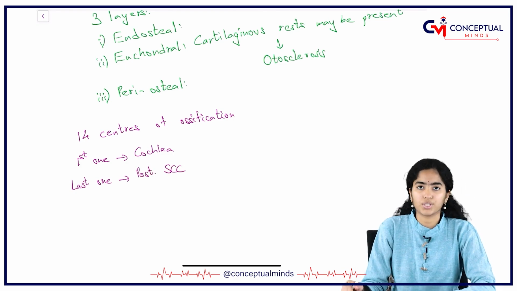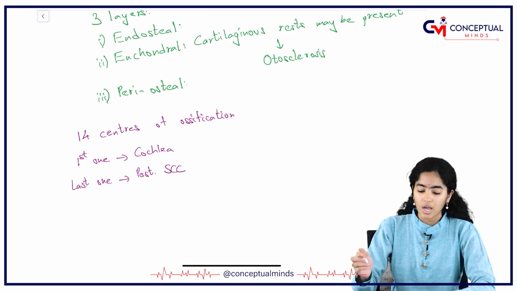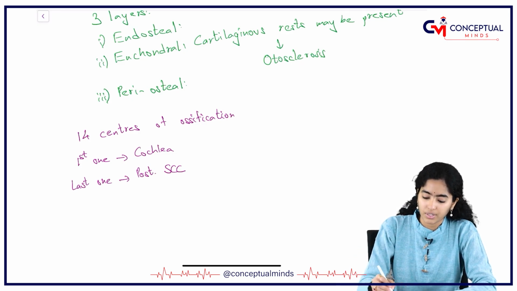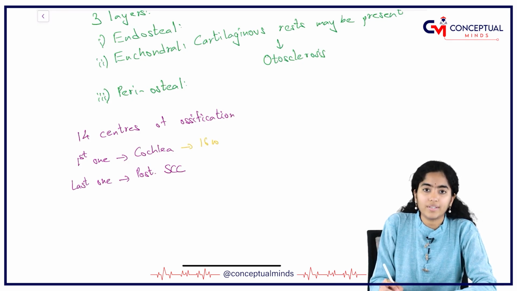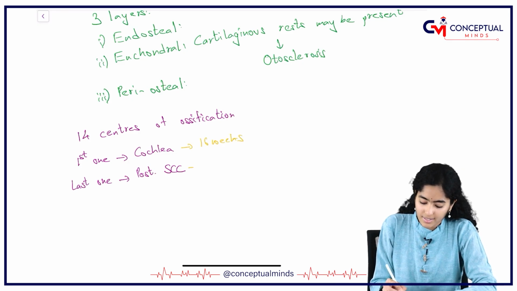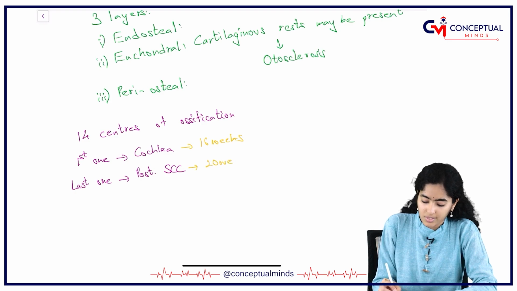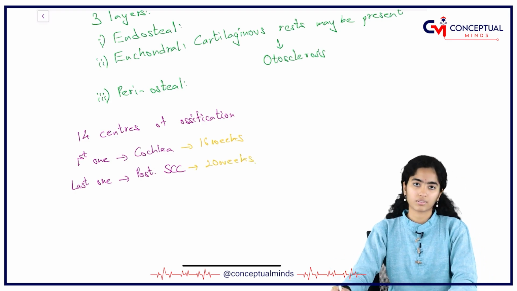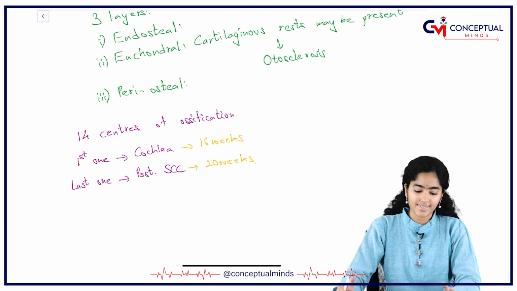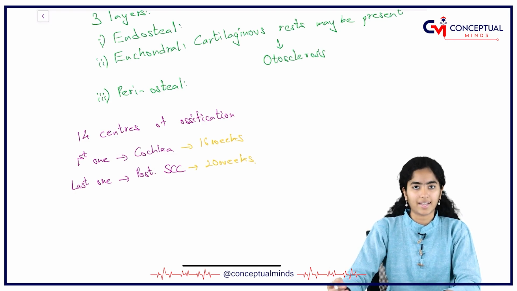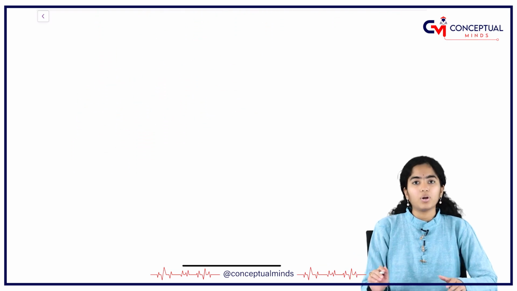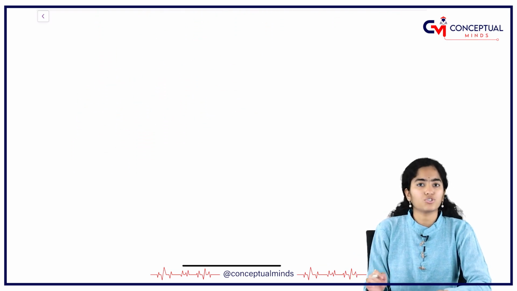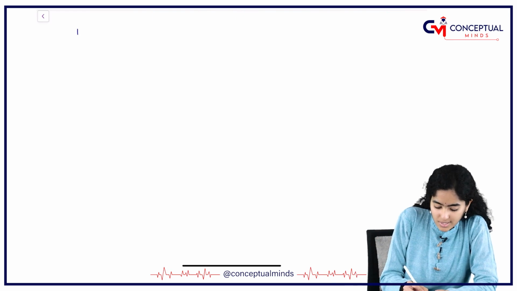We have 3 semicircular canals, right? The last one is posterior semicircular canal. And cochlea, it occurs at 16 weeks and this occurs at 20 weeks. Okay? This is a fact that can be memorized. Better to memorize, okay? Now, let us study about the etiology of otosclerosis.